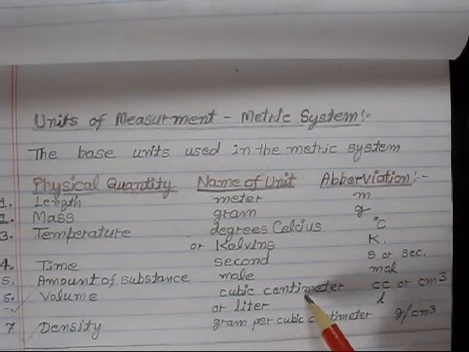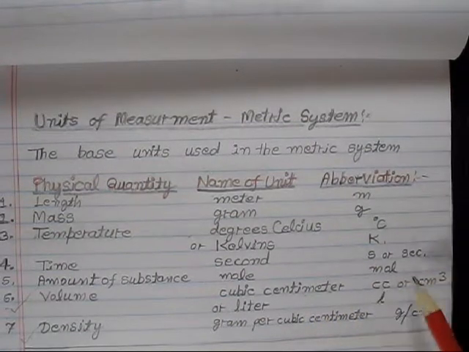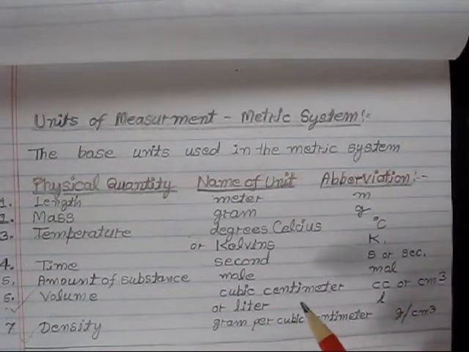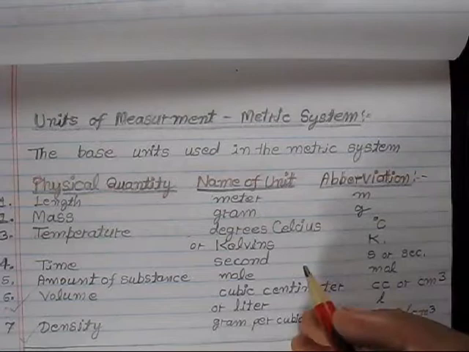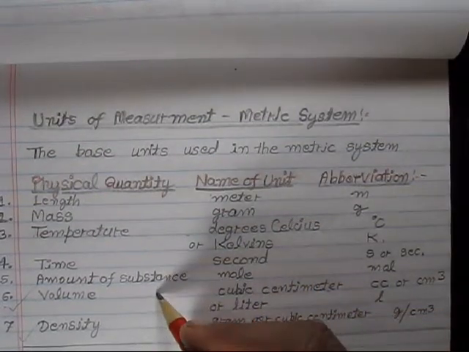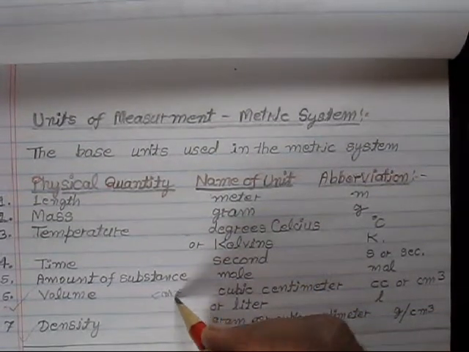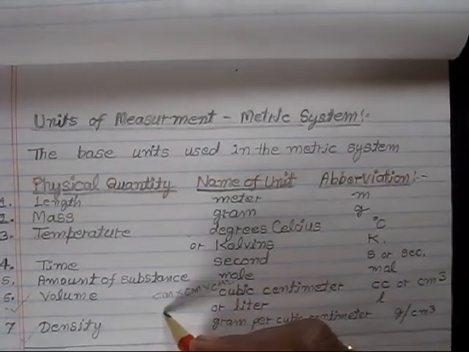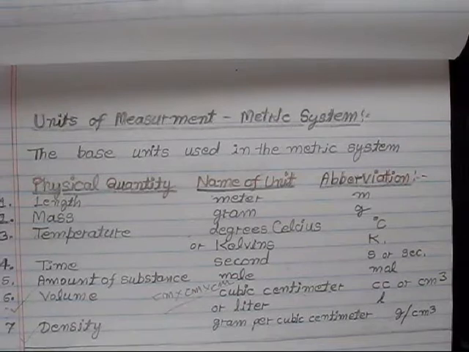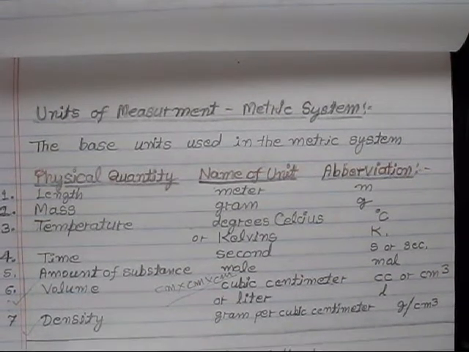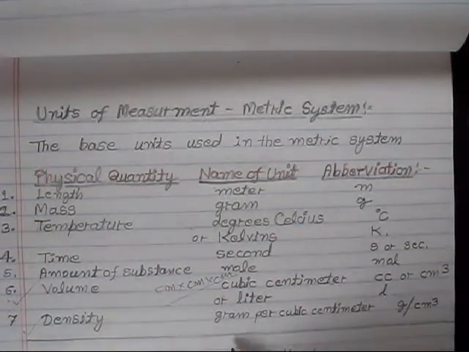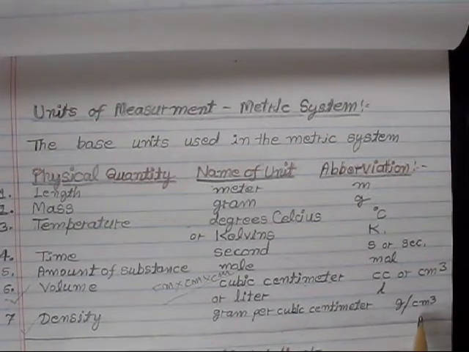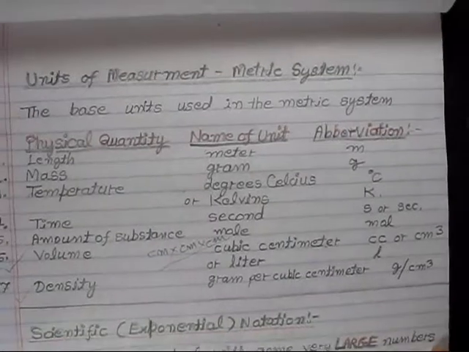Cubic centimeter's abbreviation is cc, and the liter abbreviation is small l. So cubic centimeter means centimeter multiplied by centimeter multiplied by centimeter, like a cube. And density is measured in gram per cubic centimeter, and the abbreviation is gram per centimeter cube.